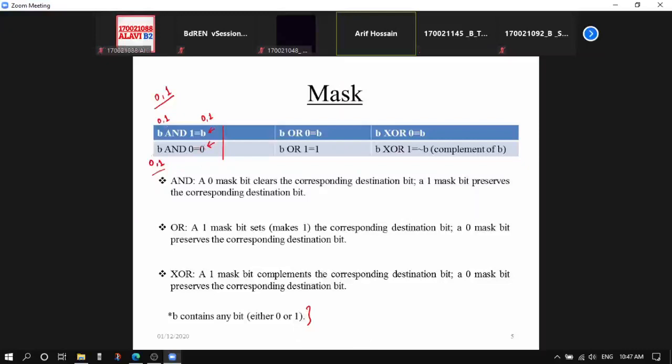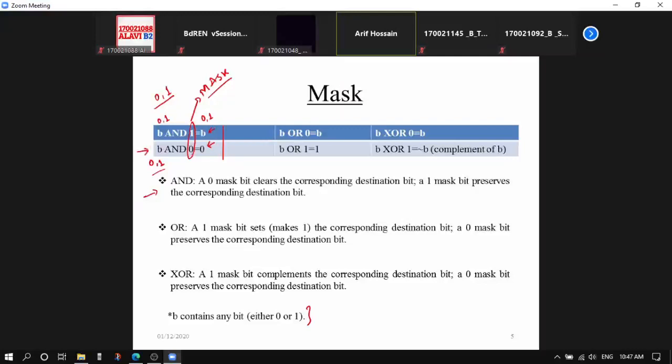Yes, sir. So this thing over here that we are writing is basically known as your mask. For this particular example, your mask is a single bit, but your mask can be 4 bit, 6 bit, 8 bit, whatever. Your mask can be of any number of bits, but this thing is known as mask. Now come over here, see, a 0 mask bit clears the corresponding destination bit.